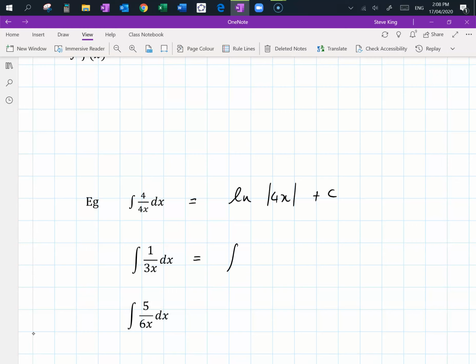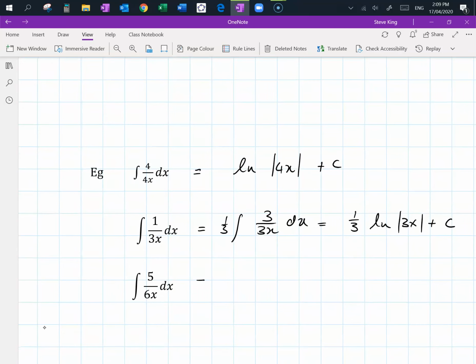Well, as we've done before, that's an integral of a third times 3 over 3x dx, and that's going to give me 1/3 the natural log of 3x, absolute value of that, plus c.